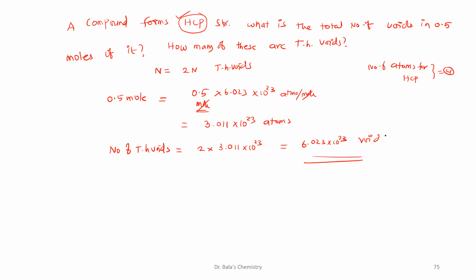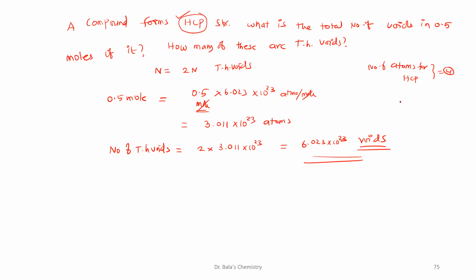Sir, is it 6.023 or 6.022? 6.023 approximately. Okay, sir. So 6.023 into 10 to the power of 23 voids will be there.